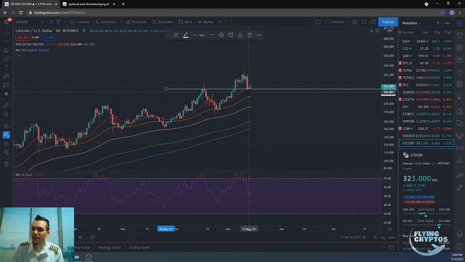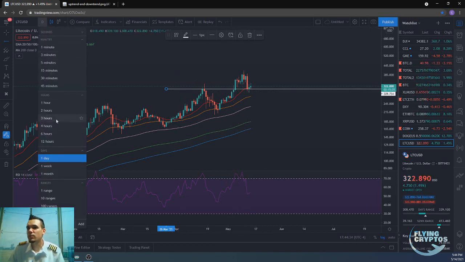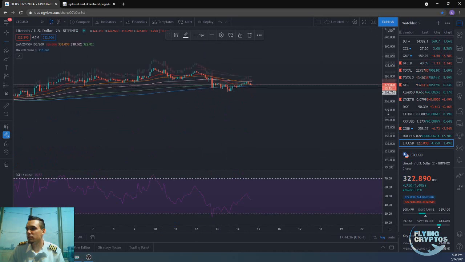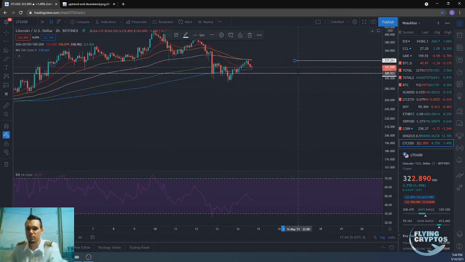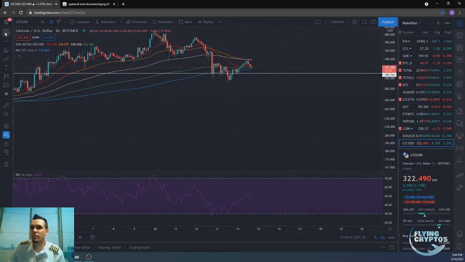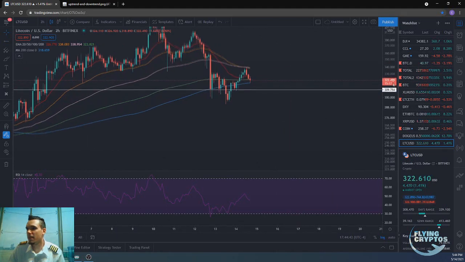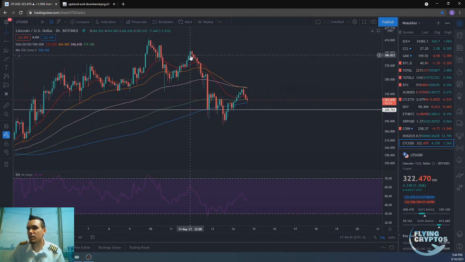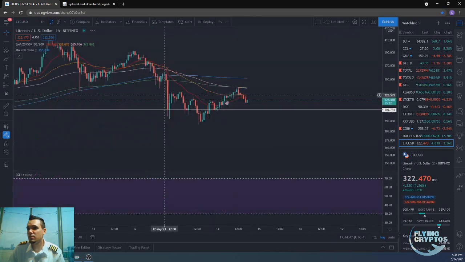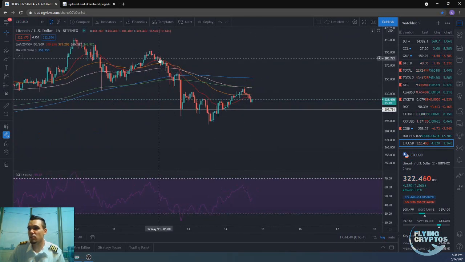So this might be the end of that lower time frame move to the downside, or should I say lower time frame downtrend. Because this was an hourly downtrend right there.